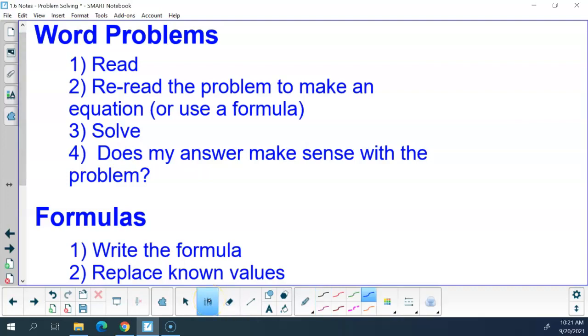And we should also label our answer, so that we know what it is and what units we're talking about. All of that is stuff we've talked about earlier.